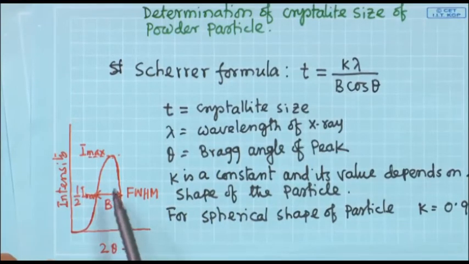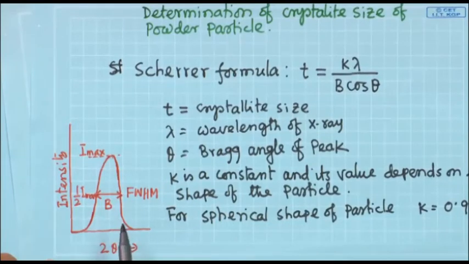Okay. So from the Bragg peak itself you can find B and the peak position theta, not 2 theta. From the pattern you will get 2 theta, and from that you have to find theta.